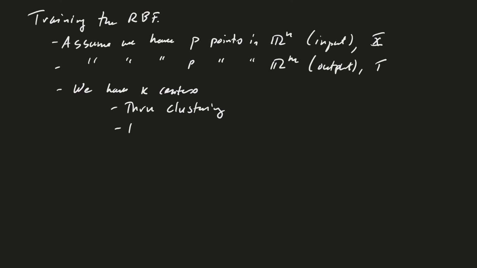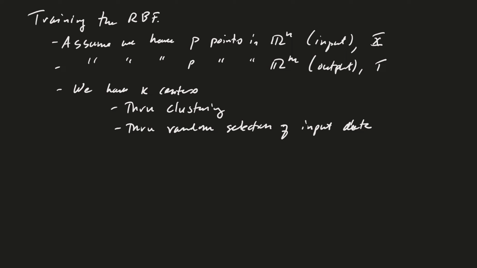Another way to do it is through random center selection, or random selection of data points. So we just choose K points of input at random. And there are other ways of getting it, because what I want to focus on in this section is how to actually set up and solve the RBF equation, using linear algebra.